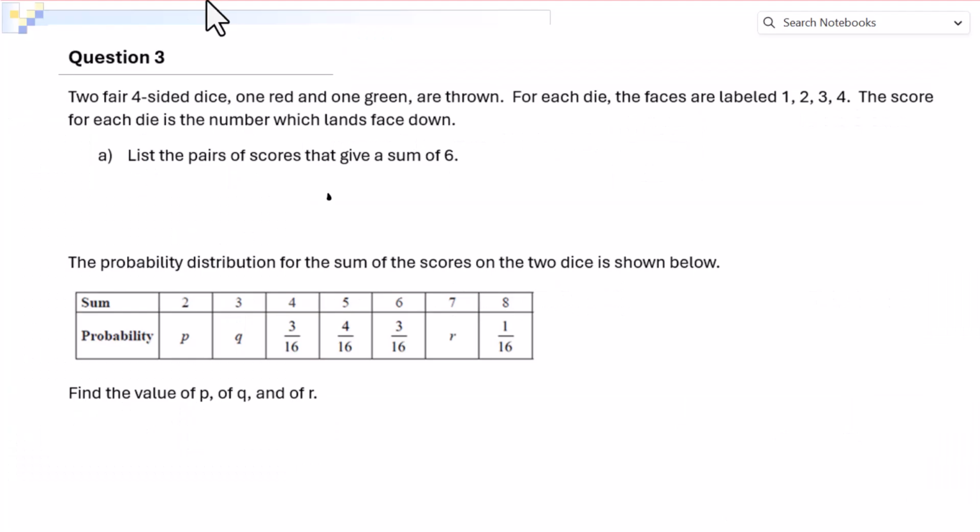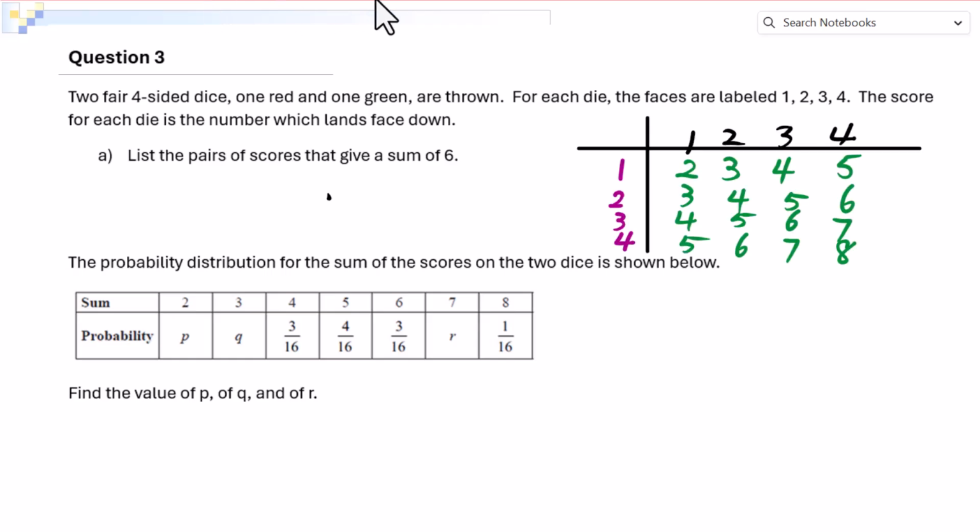Let's go to question 3. Two fair four-sided dice, one red and one green, are thrown. For each die, the faces are labeled 1, 2, 3, 4. The score for each die is the number which lands face down. List the pairs of scores that give a sum of 6. Let's list all the outcomes.